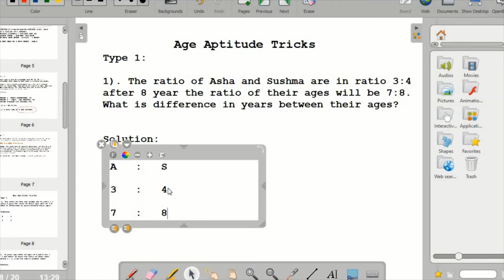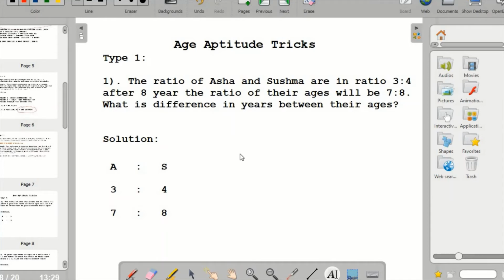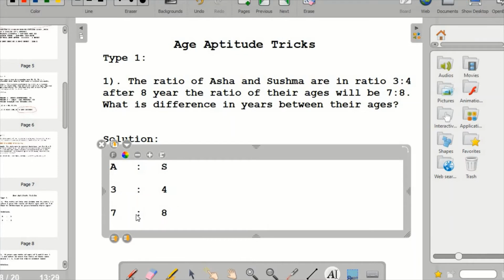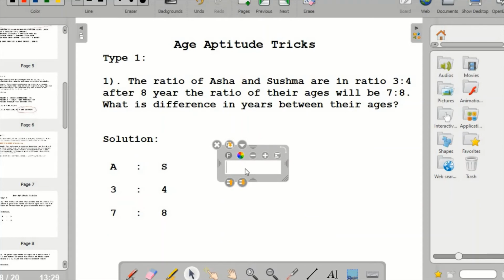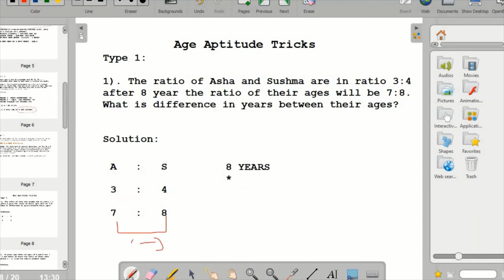So after 8 years, while finding these sums, we have to subtract these two values and cross multiply these values.